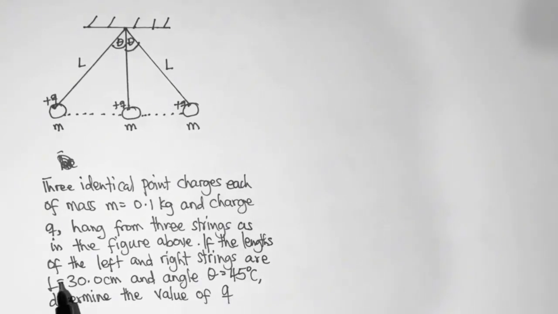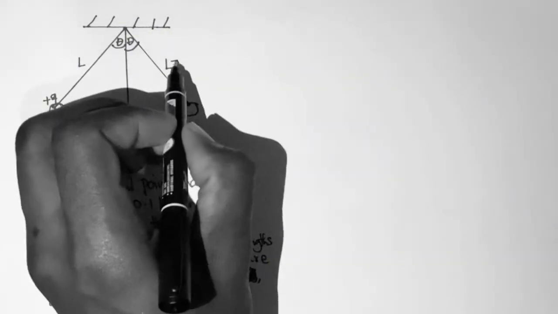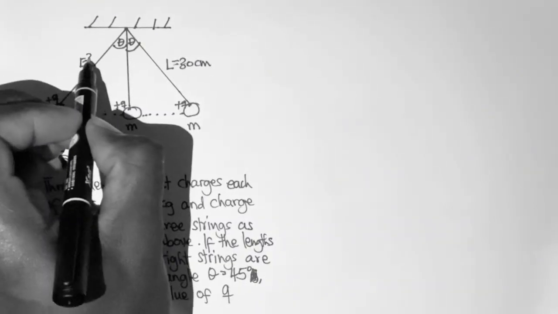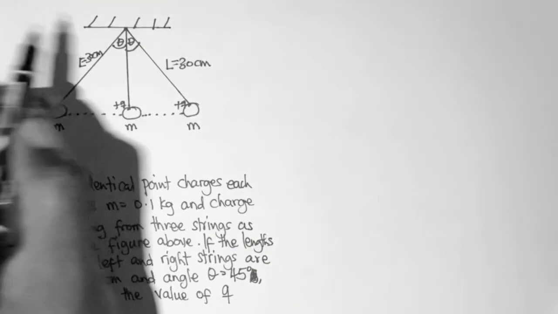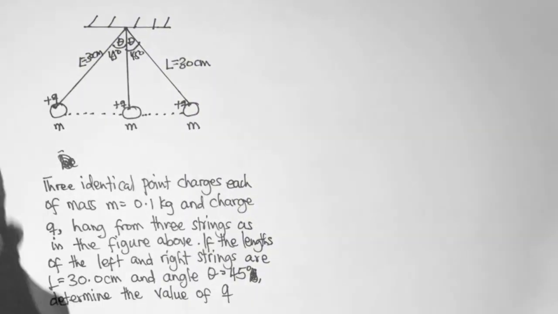If the length of the left and the right strings are 30 centimeters at an angle of 45 degrees, determine the value of Q. So this length is L equals 30 centimeters. So here is 30 centimeters, and here is also 30 centimeters. Then here is 45 degrees. Then here is 45 degrees.